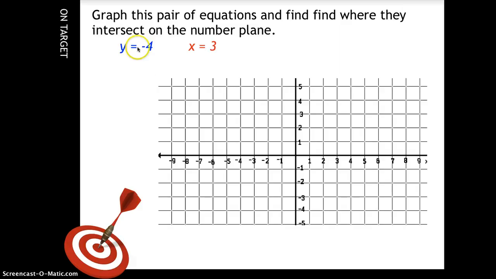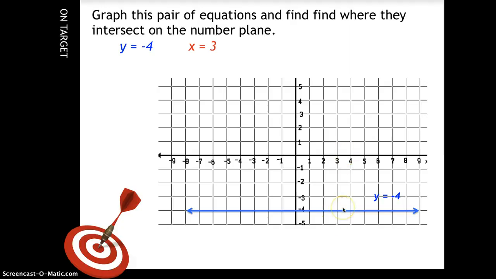Okay, so if I have a function y is negative 4, I will look for negative 4 along the y-axis, and it's here. So then here I have my blue line. Okay, and then I'm going to label that as y is equal to negative 4. As you can see, this function is parallel to the x-axis.